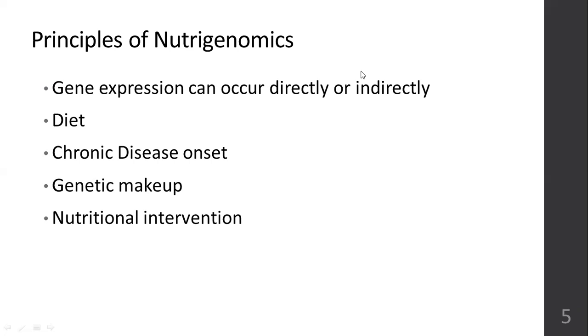can occur directly or indirectly, which means your gene expression or DNA structure can be modified by the action of nutrients and bioactive components of the food that human beings tend to take. And this modification can happen directly or indirectly.